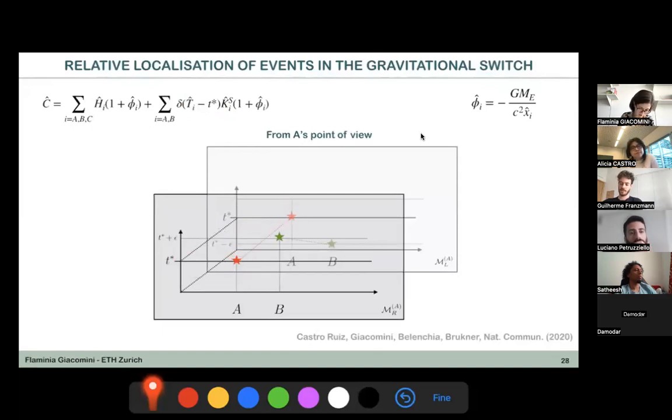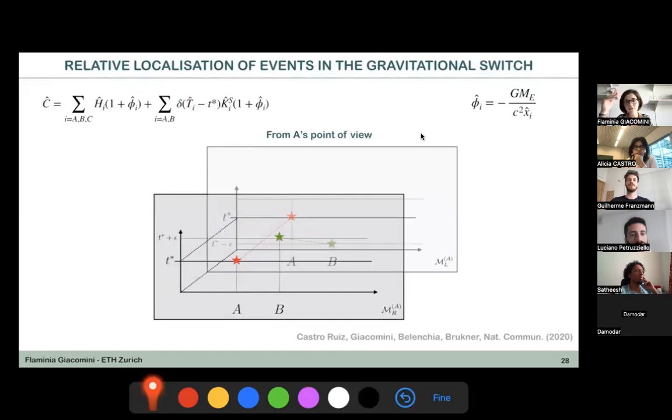But now let's look at clock B. Clock B tells me that when the mass is on the right, the operation happens at some T star plus epsilon. So again, B is after A, exactly the same as for the faraway observer. And when the mass is on the left, instead, B still happens before A, at some T star minus some quantity epsilon. So what I find is that we have indefinite causal order of the operations.